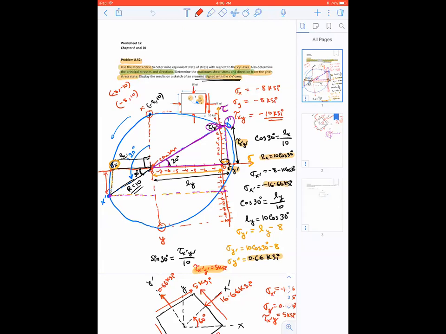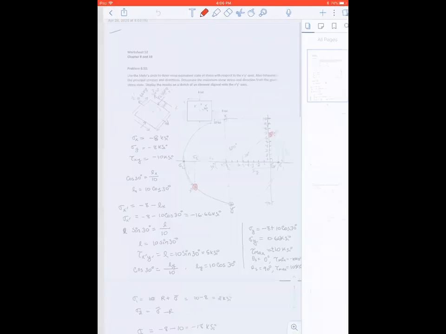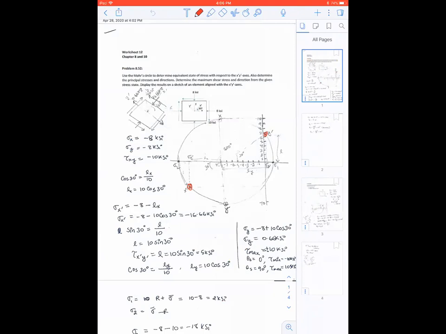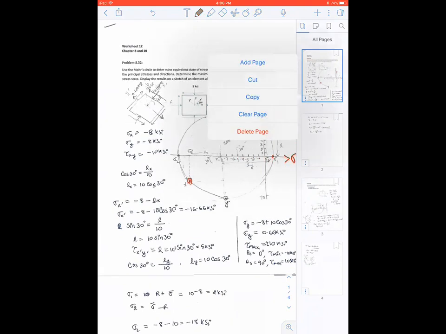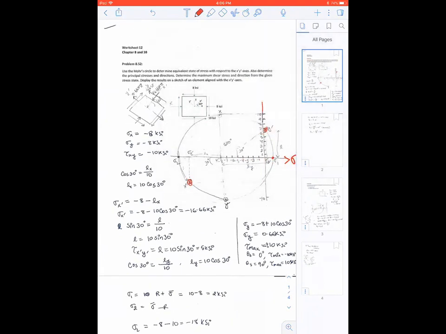Okay. So I'm going to go back to this one. I'm going to use this circle because this looks better. So if you can see, this is your sigma axis, and this is your shear stress axis.